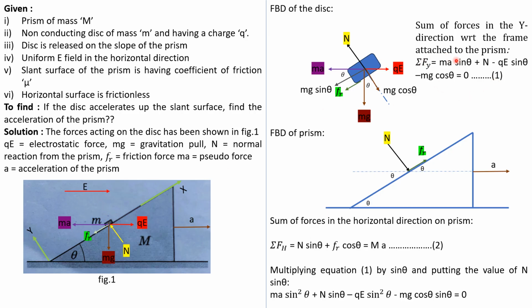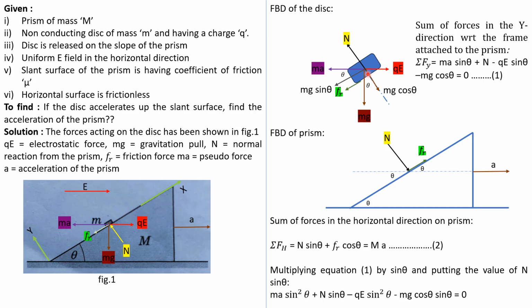Now in the y direction, we will write which all forces are acting on the disk. The pseudo force is acting in this direction. This angle is theta, so this will be 90 minus theta, so ma sin theta will be the component in this direction for ma. Normal force is acting in the y direction, we can straight away write like this.